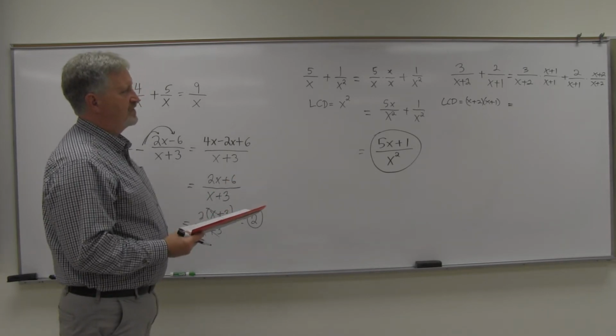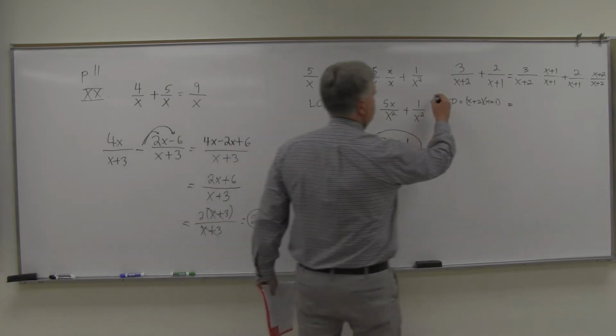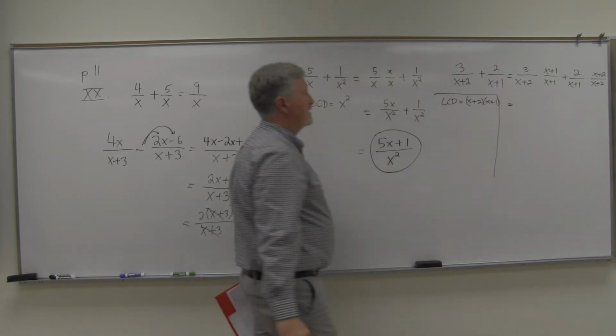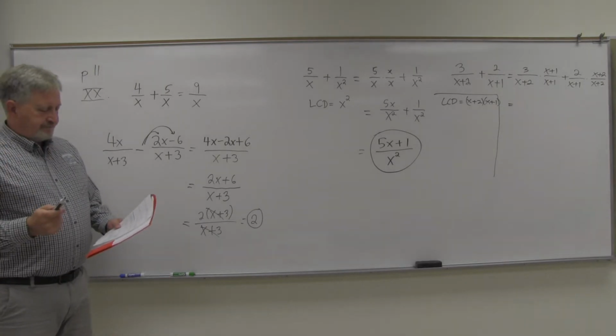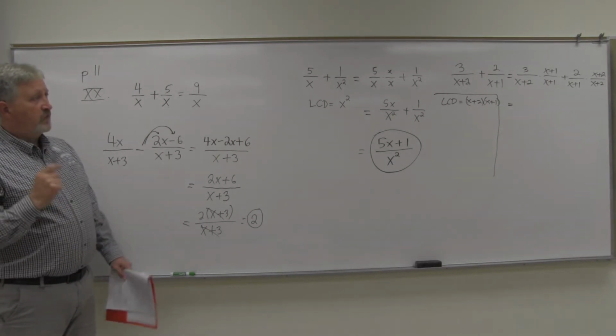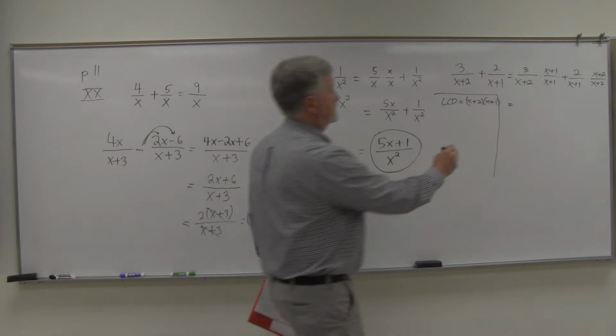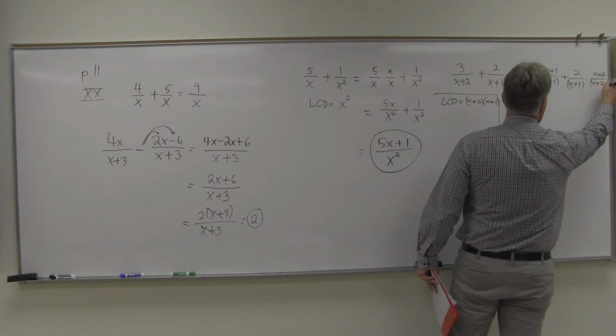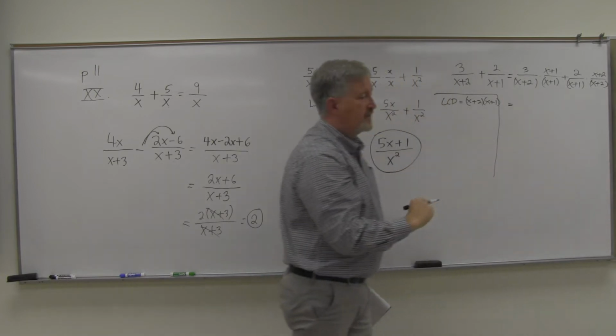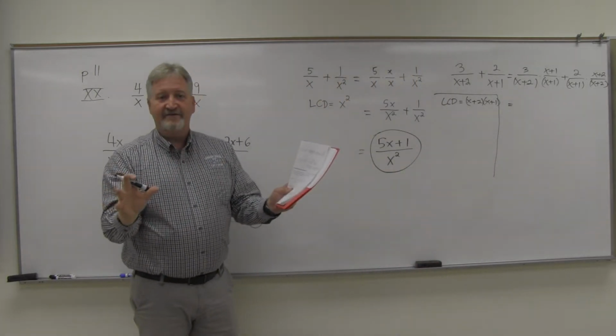So what does all this mean? Well, what this means is now, notice, this denominator is x plus 2, x plus 1, and this one's the same thing, in reverse order. So I've got that common denominator.